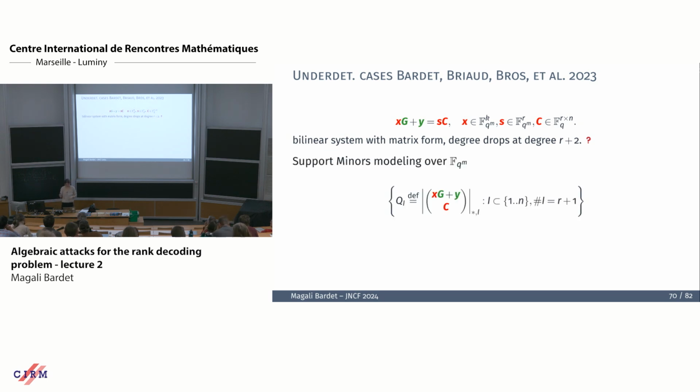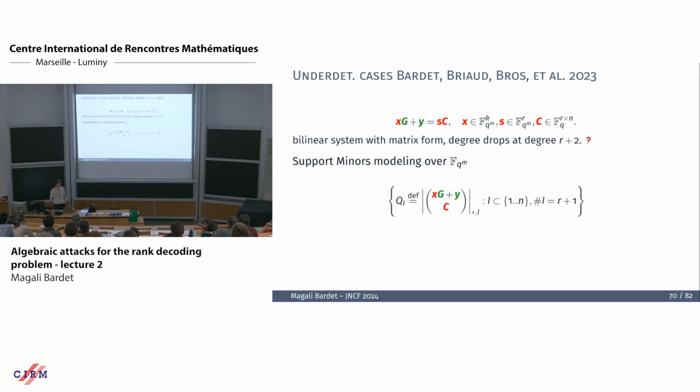The equations produced after the degree fall are exactly the ones I will show you. The idea is you have a vector here that is a combination of the rows of this matrix. So you can write a larger matrix with the C matrix here and this row here, and the rank of this matrix is just R, not R plus 1.